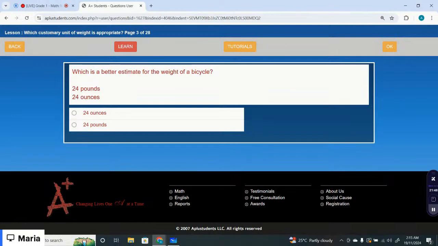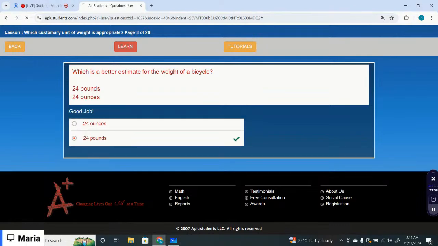The correct option is 24 pounds. Option number 2 is the correct option. That is 24 pounds, not ounces.